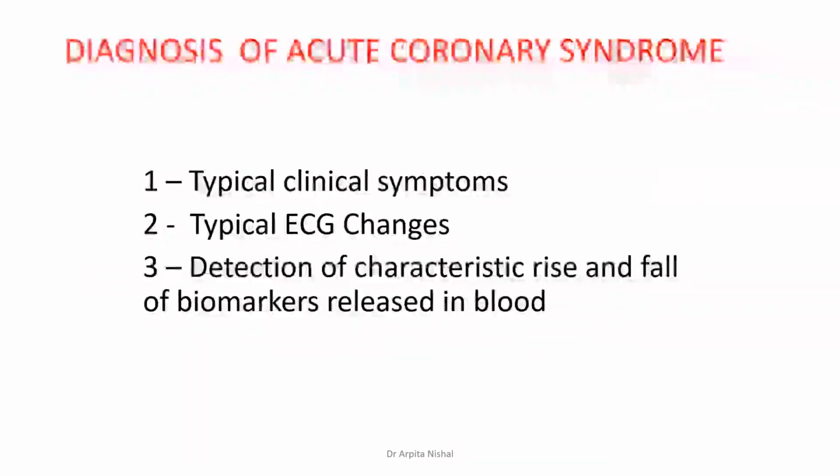The classical changes we see in MI are ST elevation followed by T wave inversion and Q waves, which is associated with transmural type of infarction. ST depression and T wave inversion only is associated with subendocardial infarction, and unstable angina is usually depicted without ST elevation and without any elevation of biomarkers.